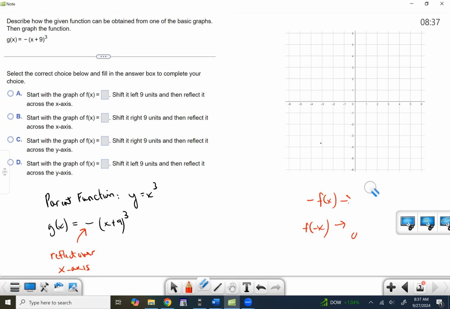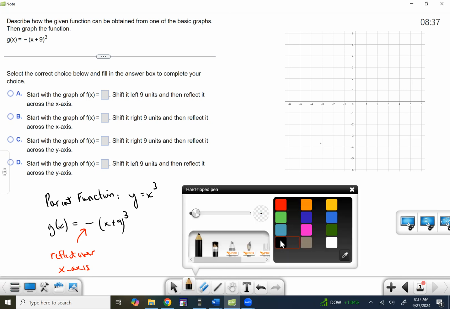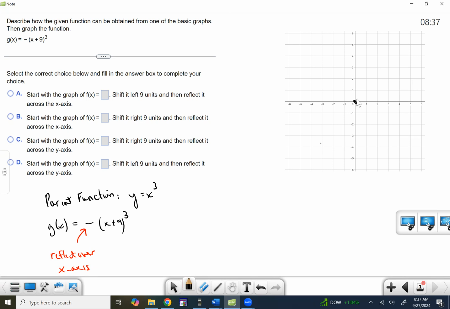All right, so then let's go ahead and start there. So x cubed, the parent function, goes through 0, 0, 1, 1, and negative 1, negative 1. That's probably enough points for us, okay? I'm going to go ahead and make this dashed because this isn't the final answer. But this is good old x cubed.